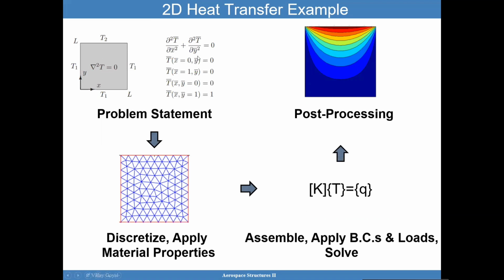And I've turned these complex partial differential equations into a stiffness type of term, because in heat transfer, this is more of a conductivity matrix term. Your temperatures are unknown, and these are functions of the heating that you apply. You can solve for temperature that way by inverting the K matrix. And you can post-process the results and then find the temperatures.